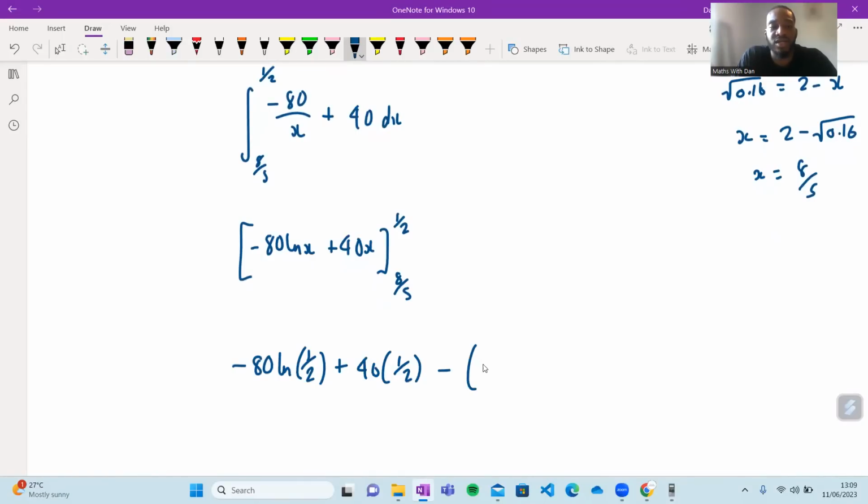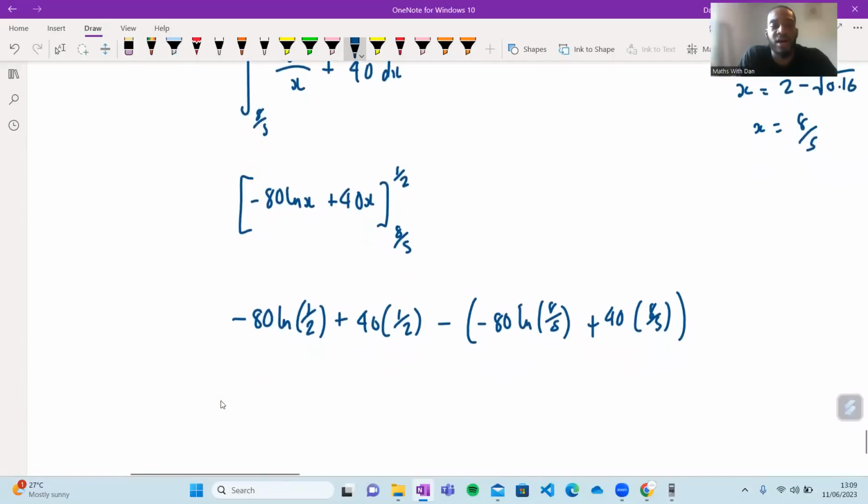Minus, and then it will be minus 80, and then ln 8/5, and then plus 40, and then 8/5. Okay. Now, just plugging this all in. Minus 80 ln 1/2, and then plus 20, and then plus 80 ln 8/5, plus whatever that is. 40 times 8/5 is 64.